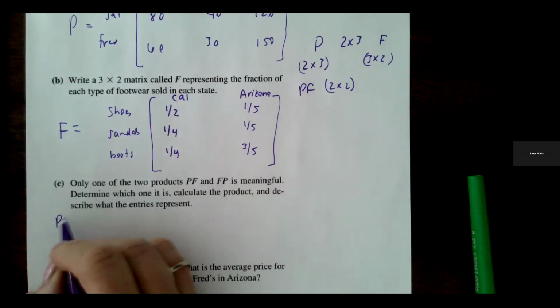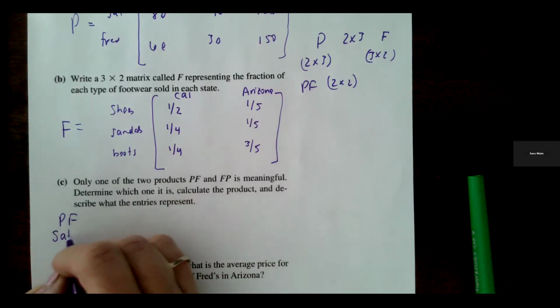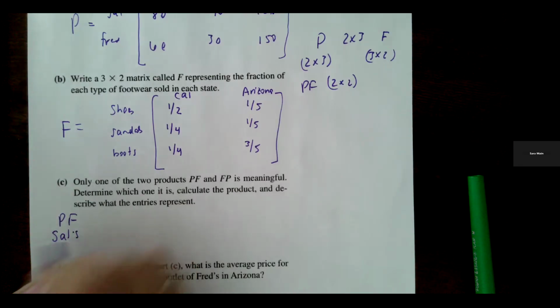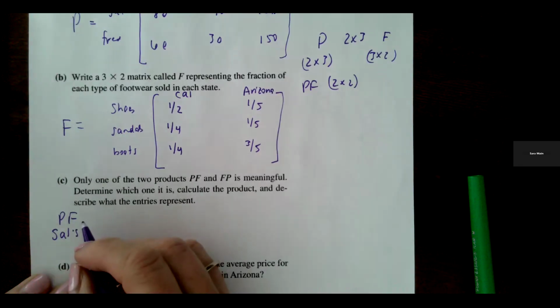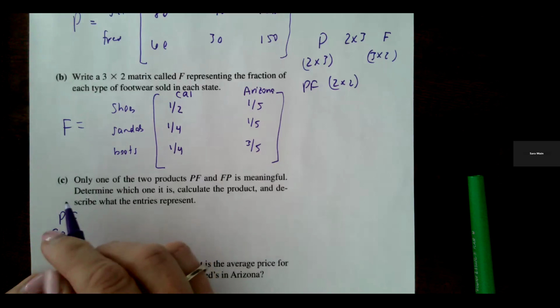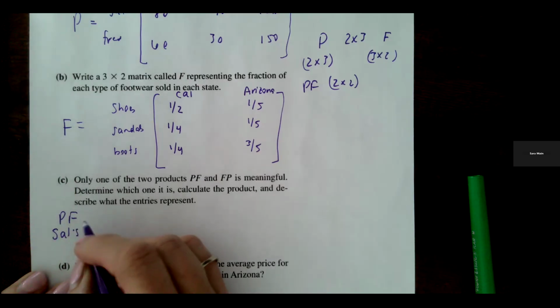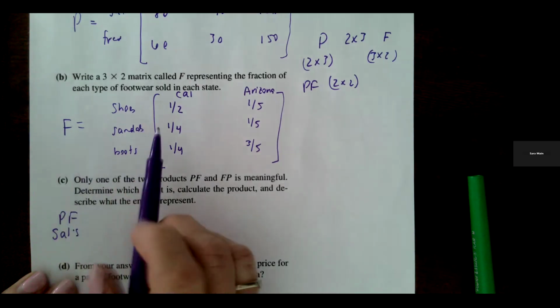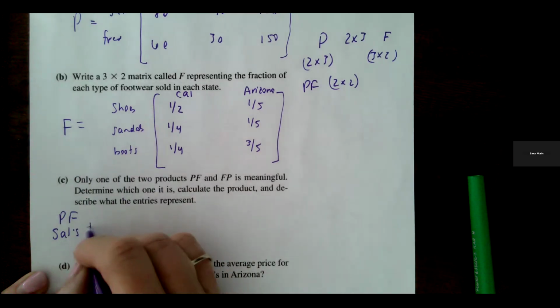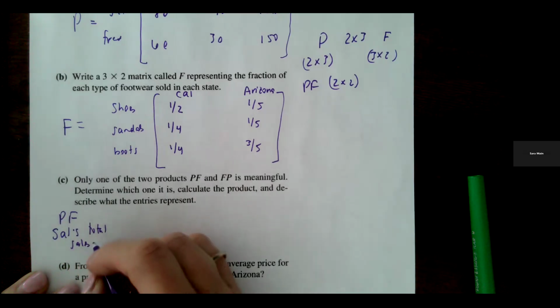So PF would be Sal's total sales for California.